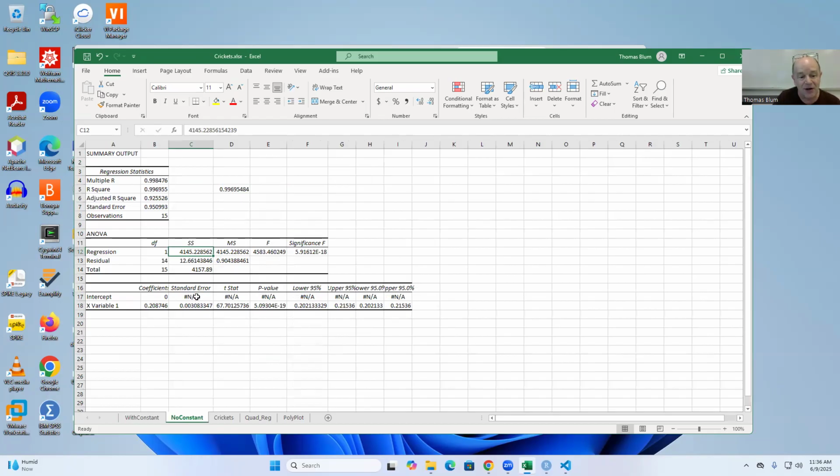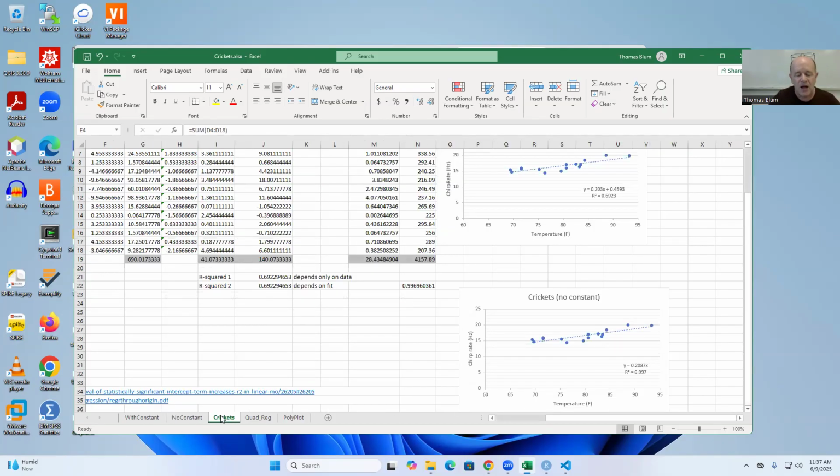Here's the regression with no intercept. And here we have the R-squared, and then there are these different values here. So that is the mystery I was trying to solve. Why did R-squared go up? Was it just some weird Excel problem?